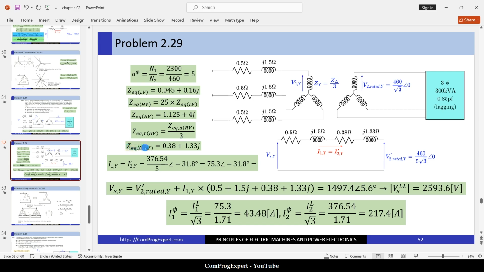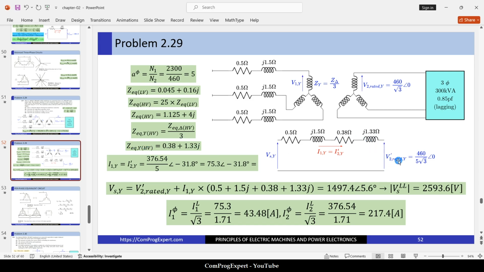So we will have this value for the equivalent impedance for the Y connection at the high voltage side. So this is the source voltage in the Y connection, and this is the Z equivalent Y for the high voltage.